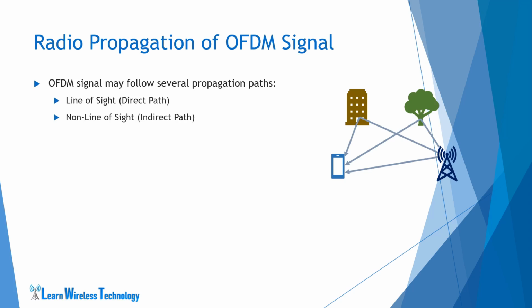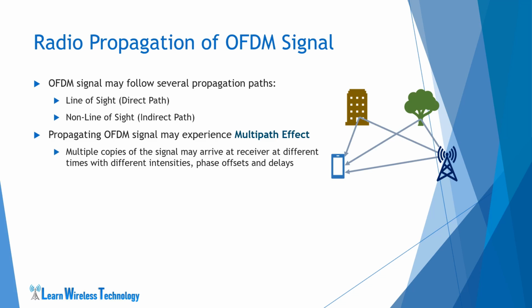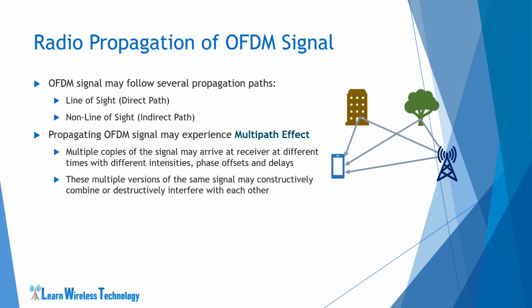In such cases, the cellular system might face a lot of problems related to signal propagation, which is referred to as the multipath effect. In a non-line of sight scenario, multiple copies of the signal may arrive at the receiver at different times with different intensities, phase offsets and delays. These multiple versions of the same signal may constructively combine or destructively interfere with each other.